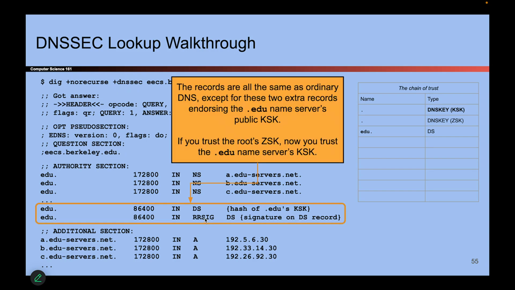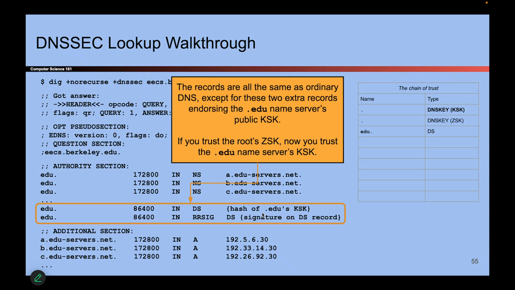And even if you have no idea what KSKs and ZSKs are, I think this is something that will look familiar. Whenever we want to delegate trust to the next name server, it's done using a combination of two records. The first record is of type DS, and it says, here is the next name server's public key with a mysterious hash on it. And then the RRSIG record signs the DS record, so these two records together form a certificate.